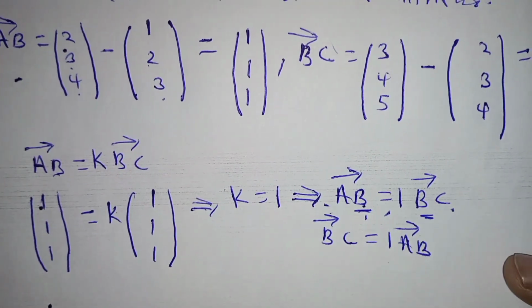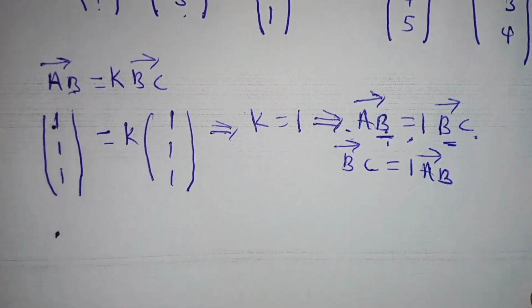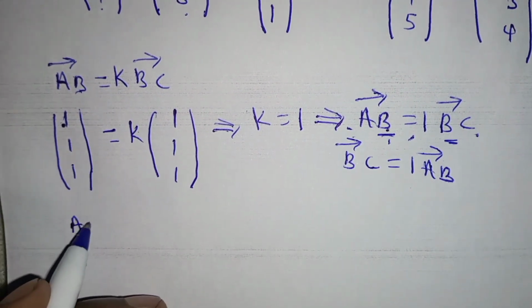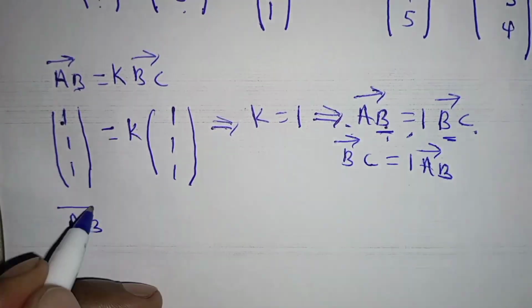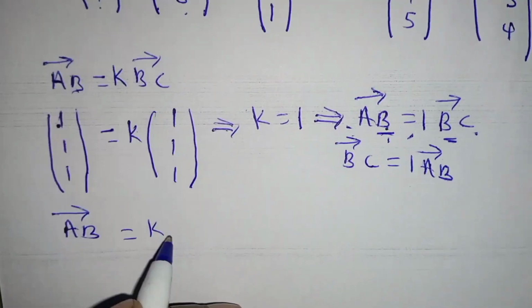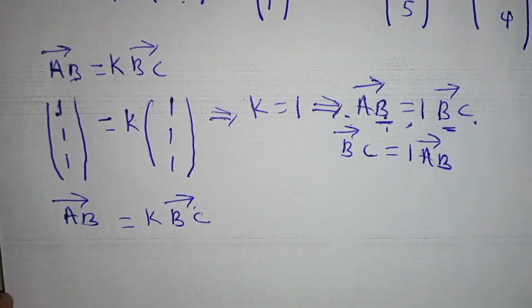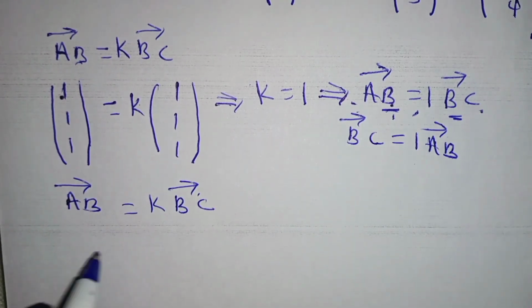So in order for you to show whether vectors are collinear, first of all, you express them in terms of a scalar multiple of one another, as shown here. Then you see whether they share a common point.